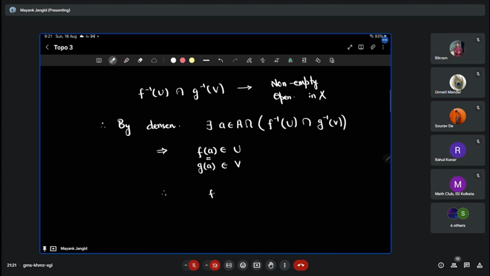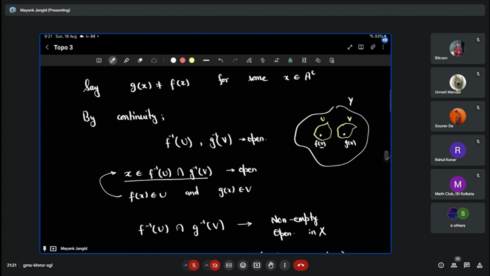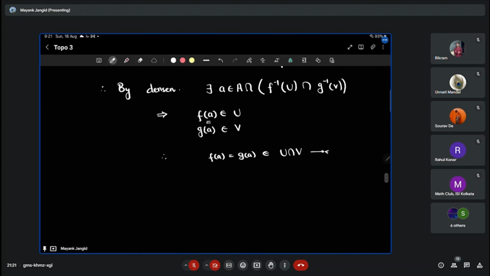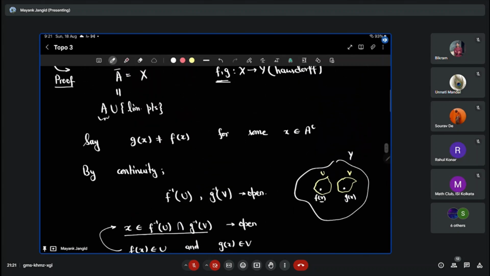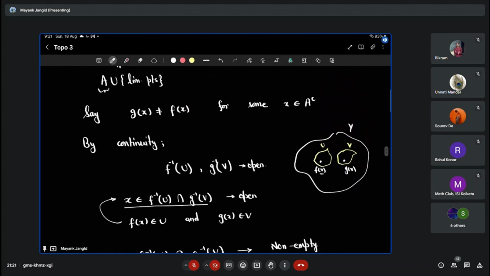So f of a, which is equal to g of a, belongs to U intersection V, which is a contradiction to the fact that U and V were disjoint at the beginning. So our assumption that they do not agree at a point outside A is wrong. Therefore, the statement follows.